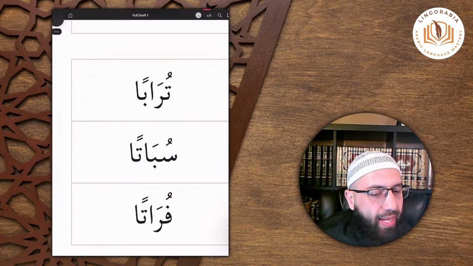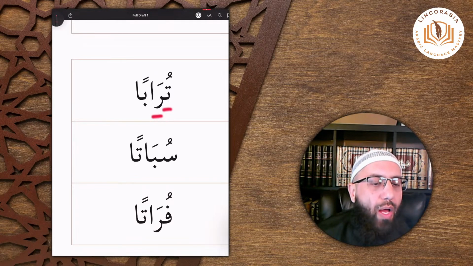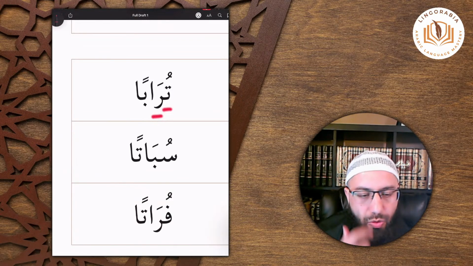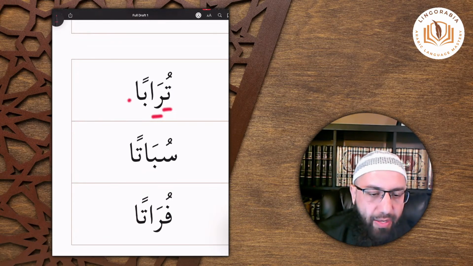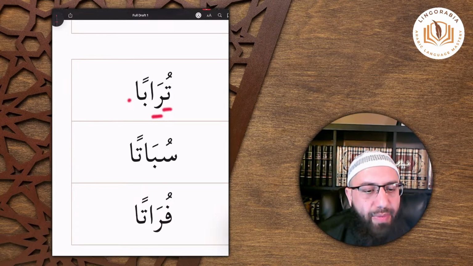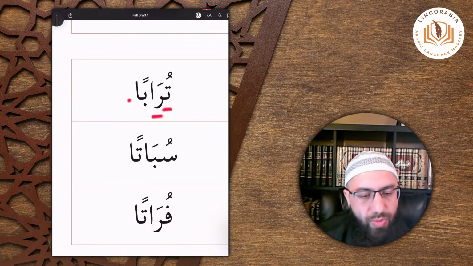The next one. We got the ta and the dhamma, the ra and the fatha and the alif, tura. And then we got the ba with the tanween. How do we read this if there is a stop here? Yes, you are correct. If you don't stop, then you read the tanween.